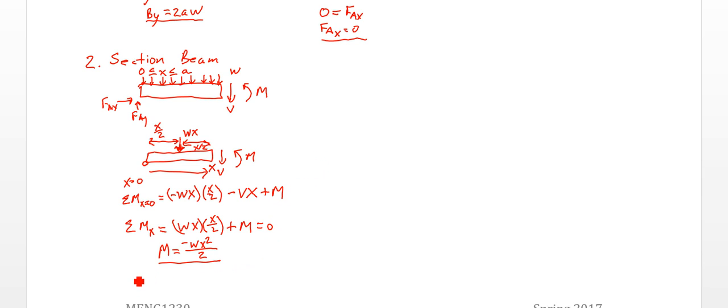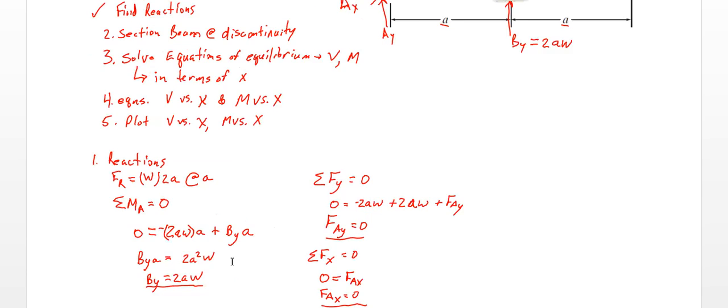My shear, I'm going to find using the sum of the forces in y equals 0. So I have 0 equals negative Wx. Let me make that a negative sign.